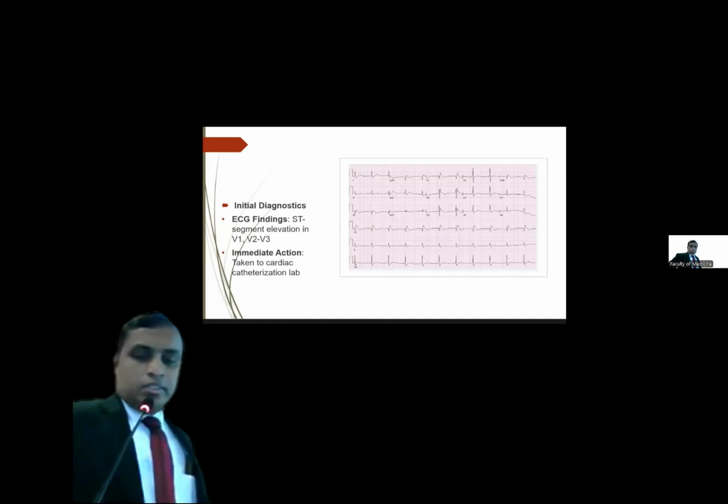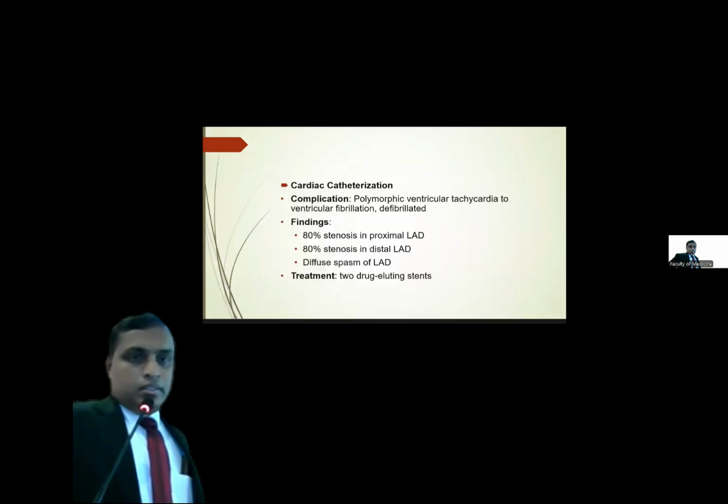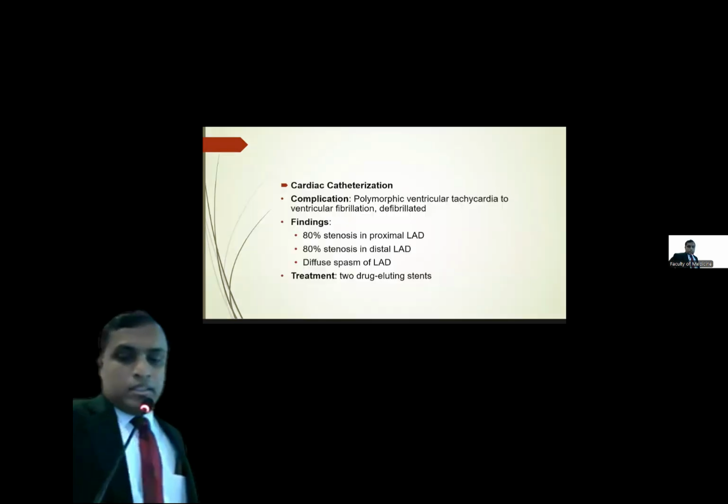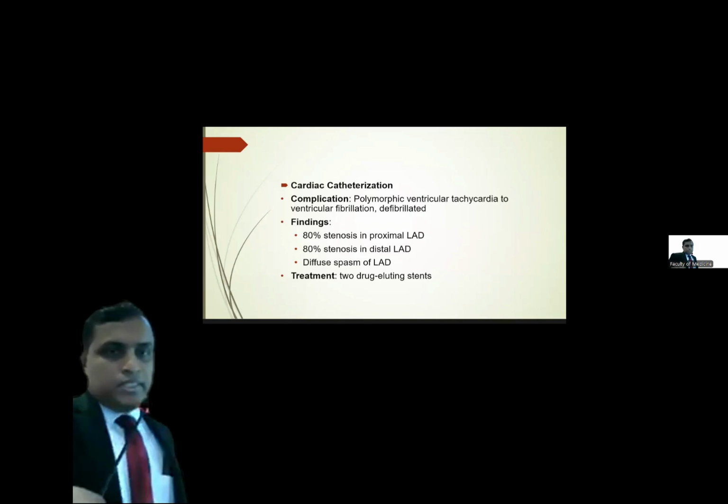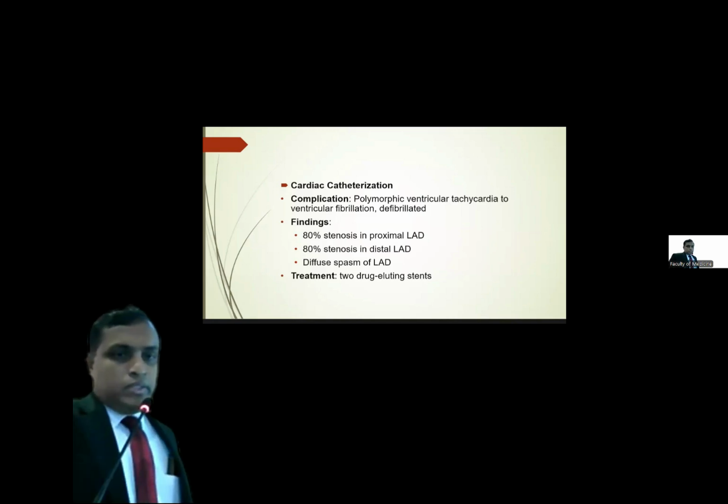So the patient was taken to the cath lab and an angiogram was done. Before proceeding to the angiogram, the patient developed ventricular tachycardia, then leading to ventricular fibrillation. So defibrillation was done, and then we proceeded with the angiogram. Found to have stenotic lesions in the proximal LAD and distal LAD.